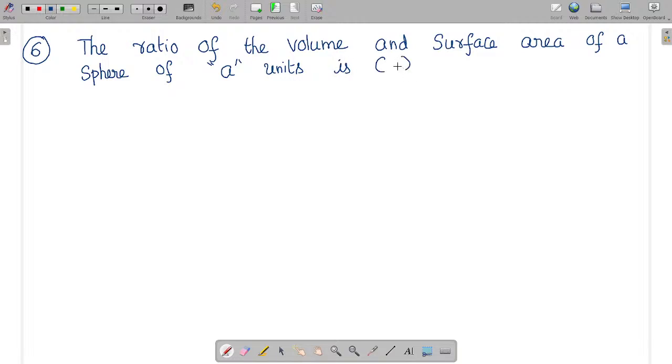So these type of questions are very important irrespective of different competitive entrance examinations. So option A is 4:3, option B is 3:4, option C is A:3, option D is 3:A.